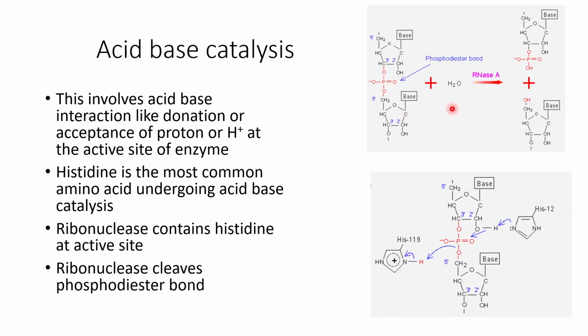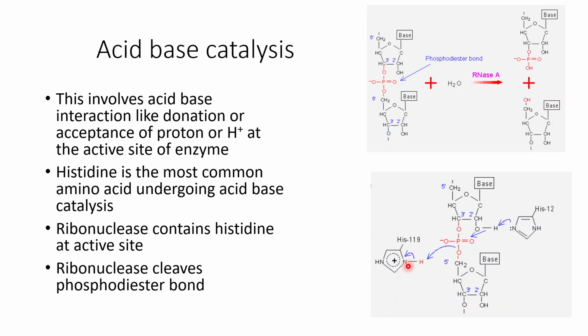If you look over here, this is the histidine. Ultimately, the H positive ions are taken up by histidine. We have the water molecule which is breaking this phosphodiester bond with the help of the RNase enzyme. The H positive ions which break the bond are incorporated by histidine, which is present in the ribonuclease enzyme.